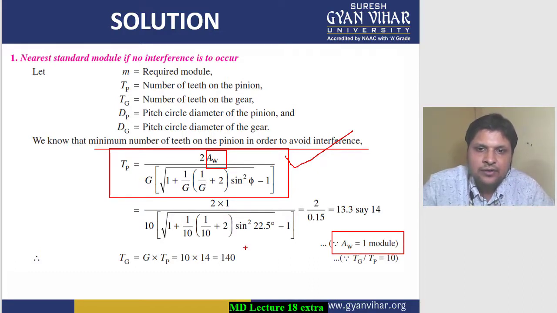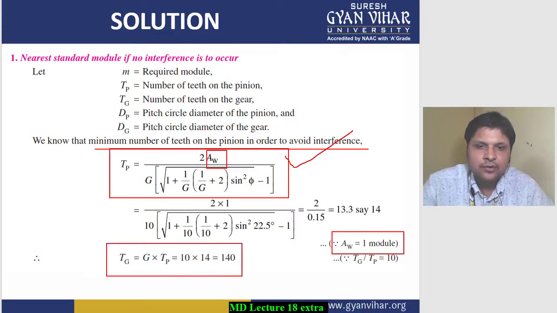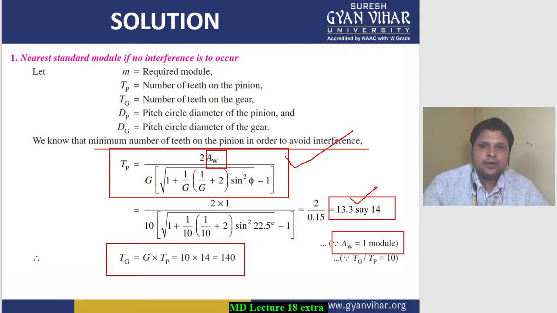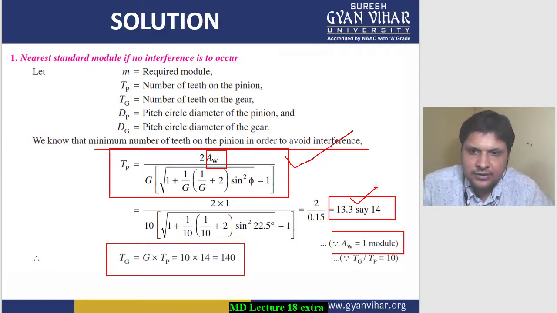All the other things, G, you all know. So putting all the values, you can calculate the number of teeth. The number of teeth on the pinion you have calculated as 13.3, and since it is in decimal form, you will just round off to 14.